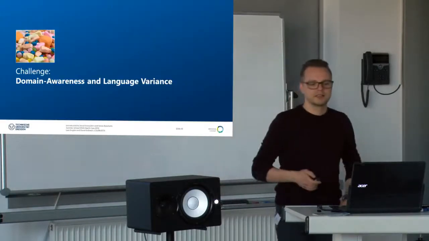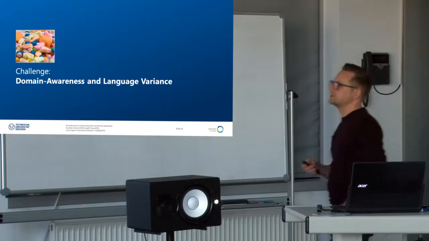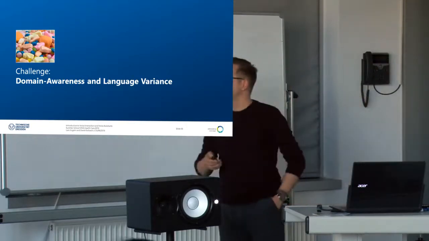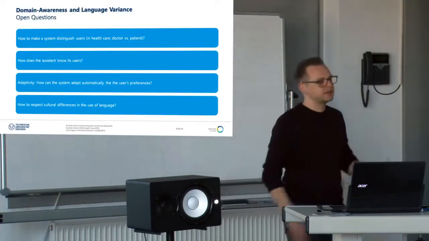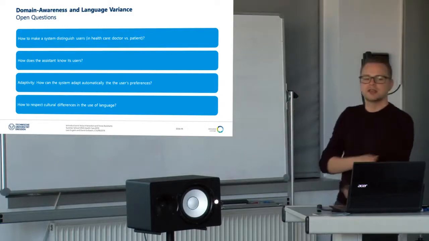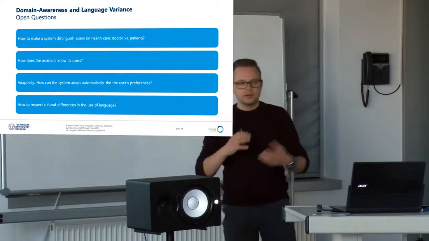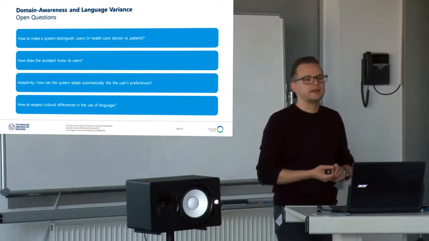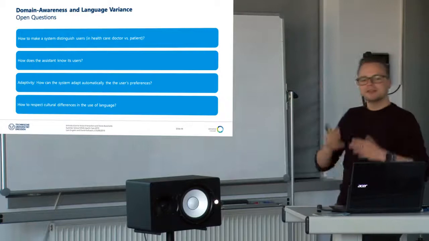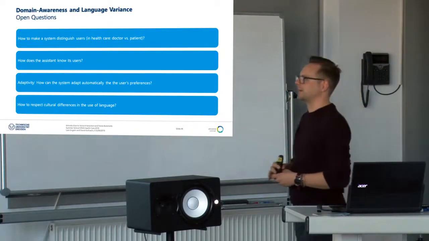I have to hurry up, I guess. So just a sneak peek into the domain awareness and language variancy. There are a couple of questions that you might ask when creating a system that is domain aware and has a certain kind of language variance.